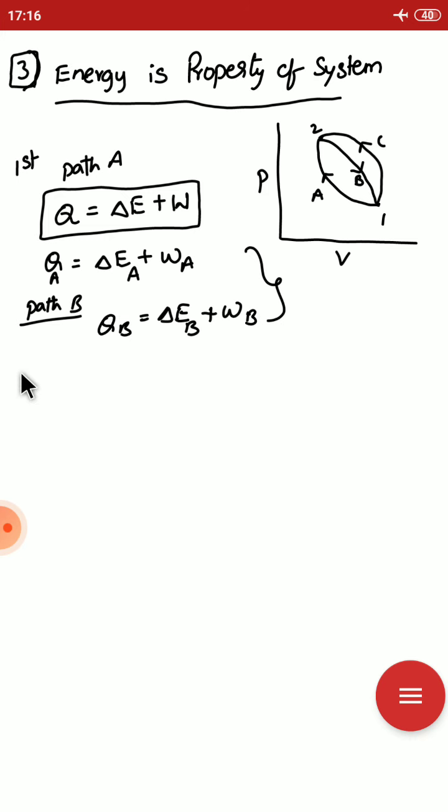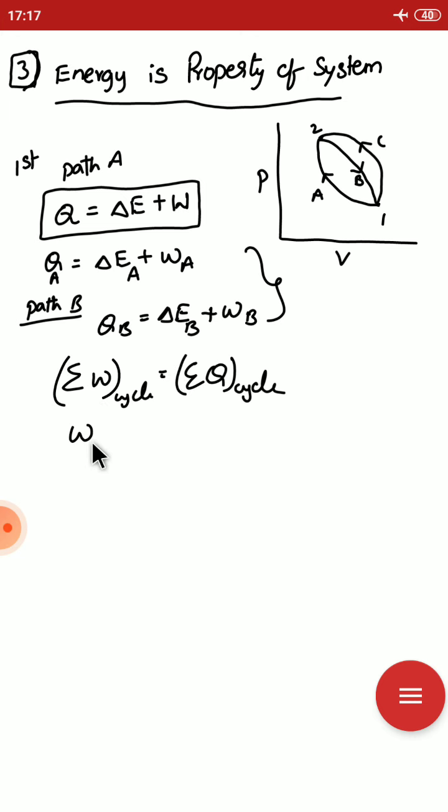From this cycle, the first law of thermodynamics says the algebraic sum of the work involved in a cycle should be equal to the algebraic sum of the heat through a cycle. Now WA plus WB should equal QA plus QB.